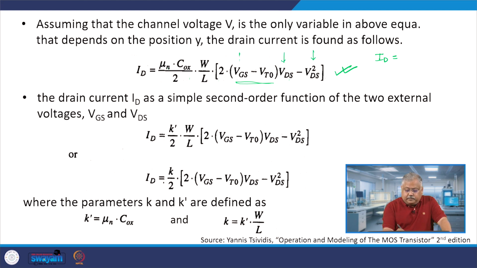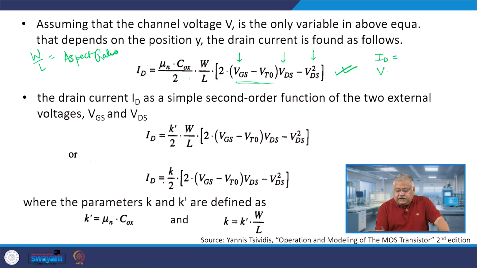It also depends upon the value of VGS. All other parameters are in a sense fixed. This W by L is referred to as the aspect ratio.